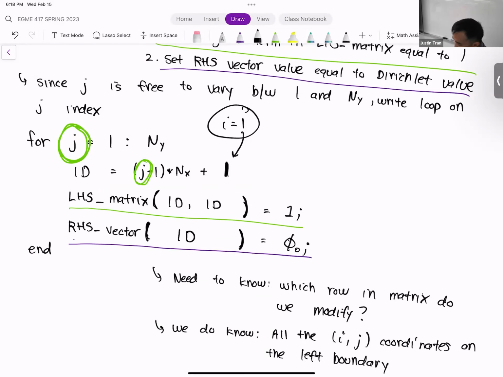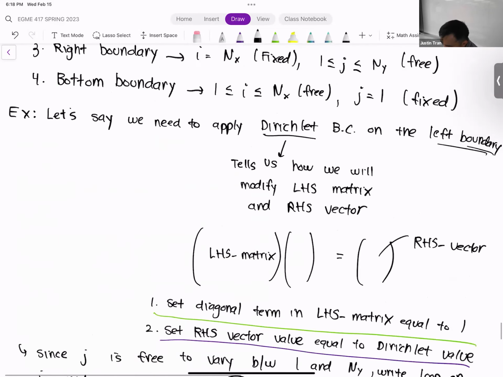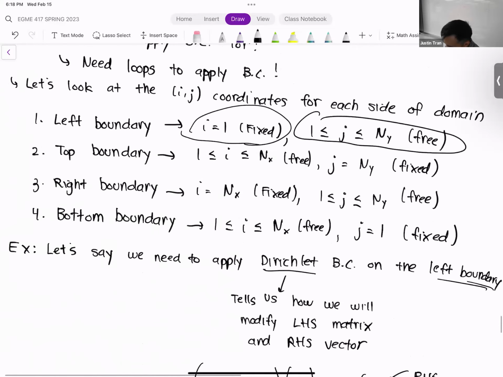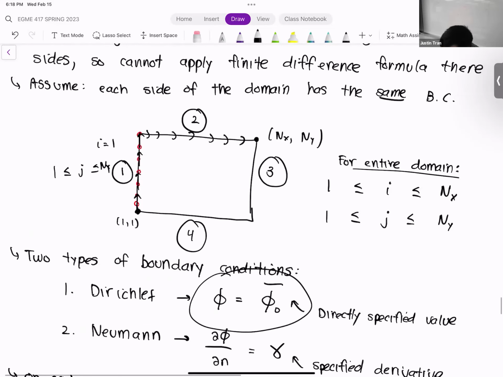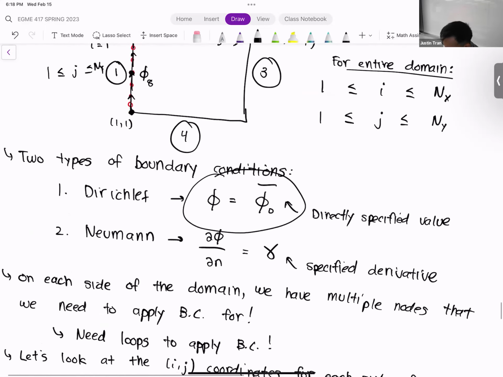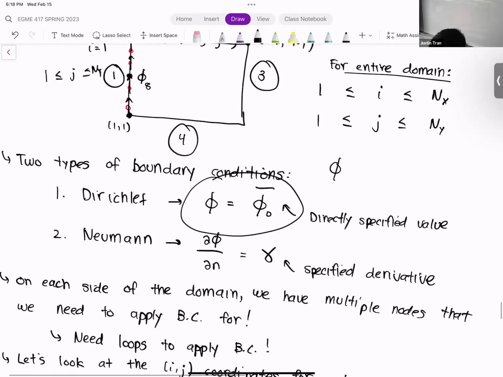So remember, for the Dirichlet boundary condition, we're setting phi equal to phi naught, right? So this is basically the equation that we're applying in our matrix. One way you can think about it: let's say that this is phi 8, and phi 8 is sitting on the boundary. What we're saying is that phi 8 is equal to phi naught.